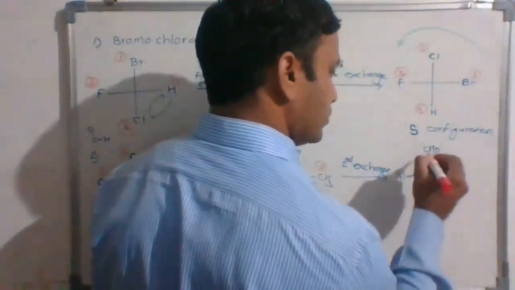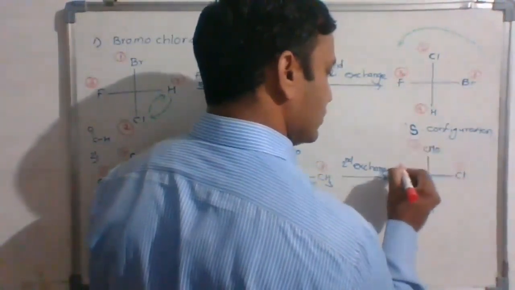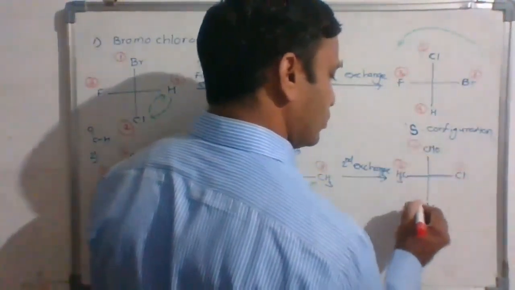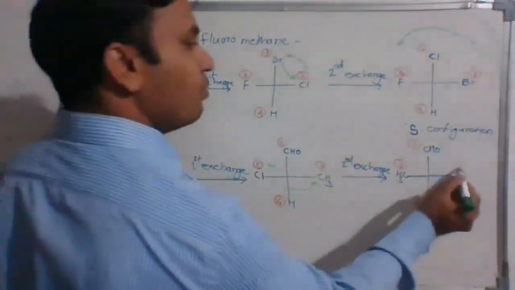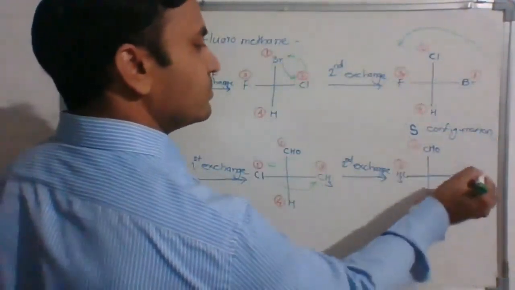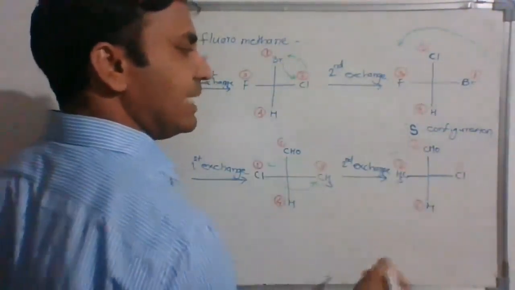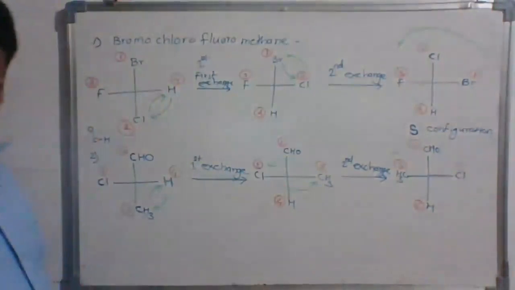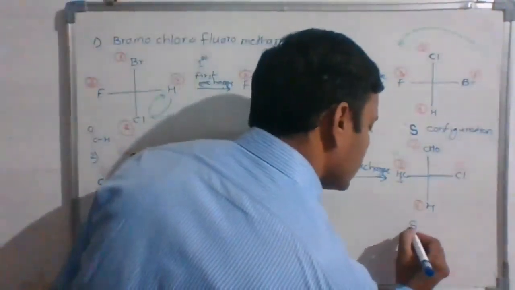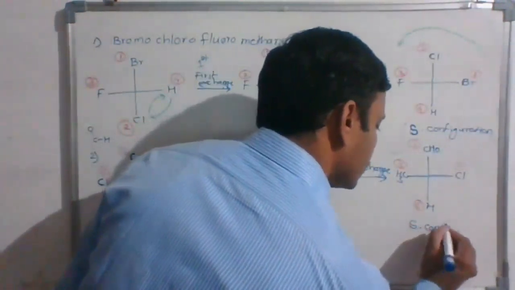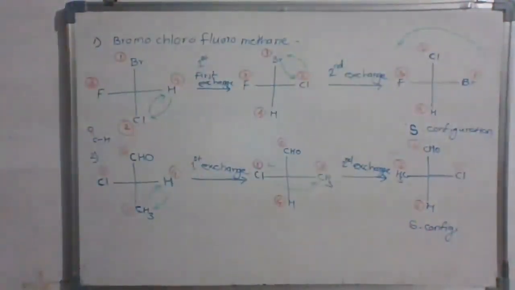Chlorine first, CHO second, methyl third, and hydrogen fourth. And observe the sequence. What is the sequence? 1, 2, 3, 4. Again, it is anti-clockwise, and that's why the configuration is S configuration. The configuration is S configuration.